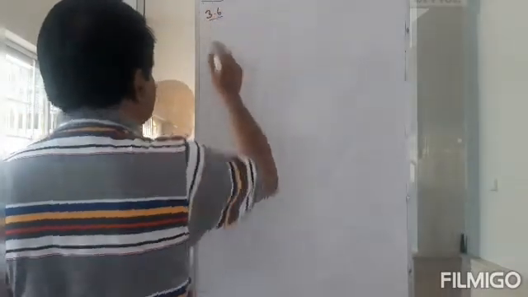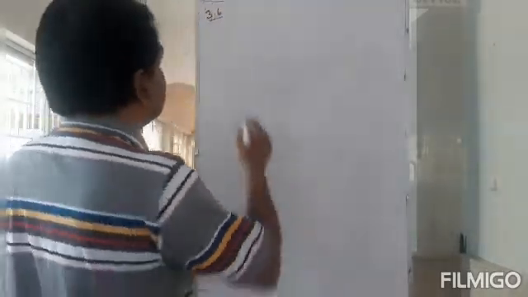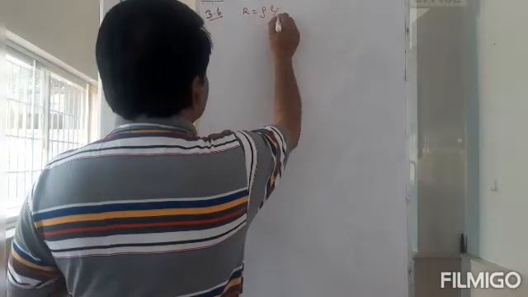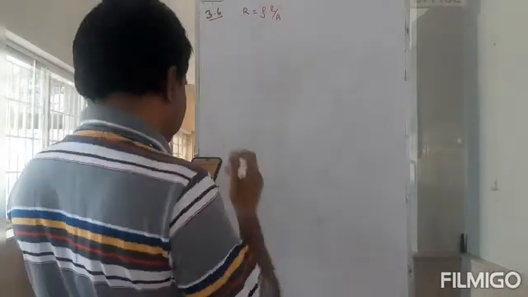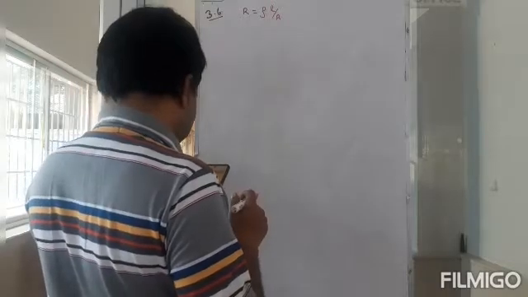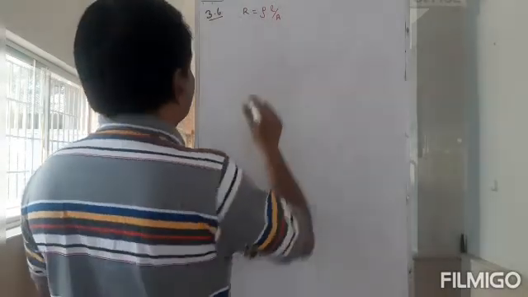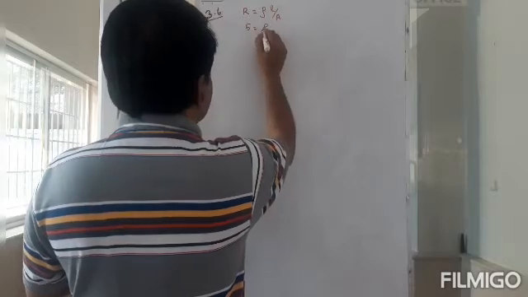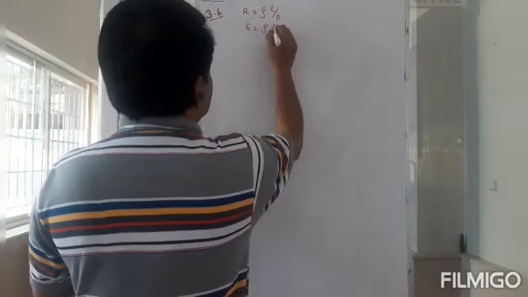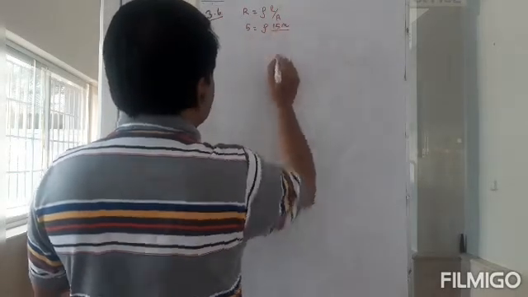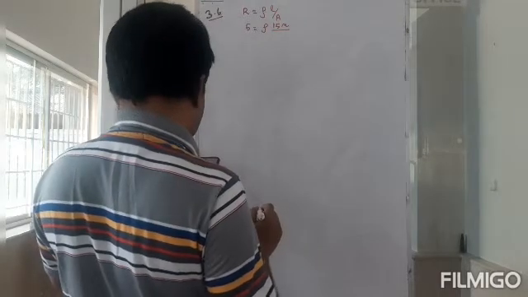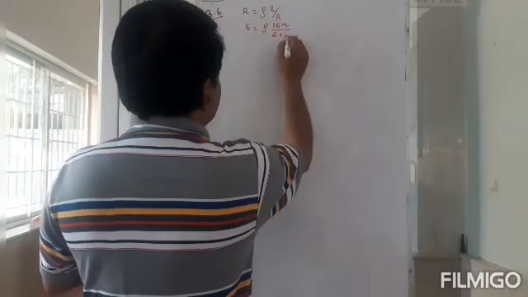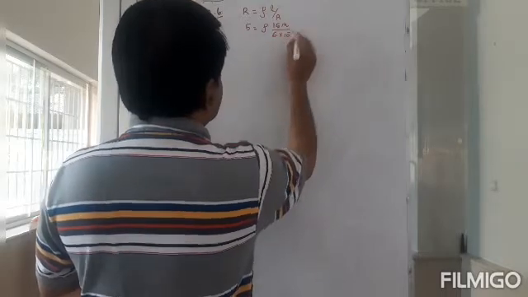So this is 3.6. So resistance, you know, is equal to rho into L by A. The resistance value is given, that is 5 ohms. So 5 is equal to rho, you don't know, L is 15 meters, by A is 6 into 10 power minus 7 meters square.